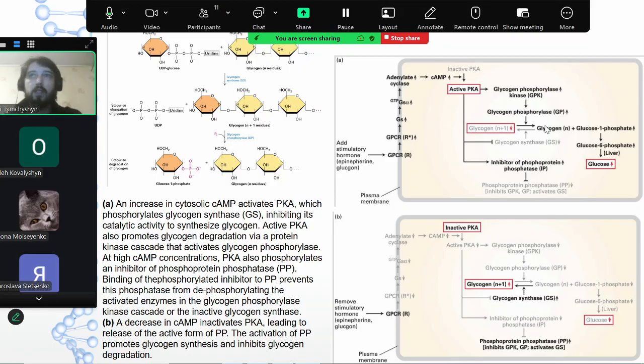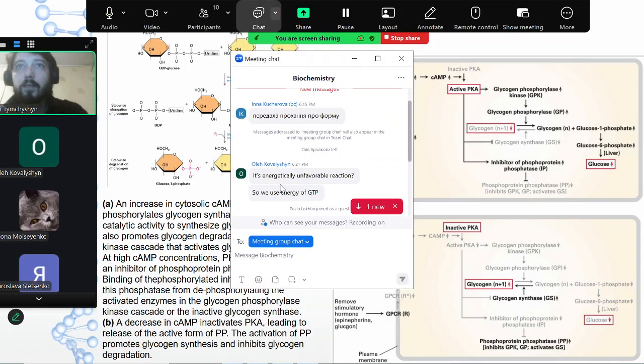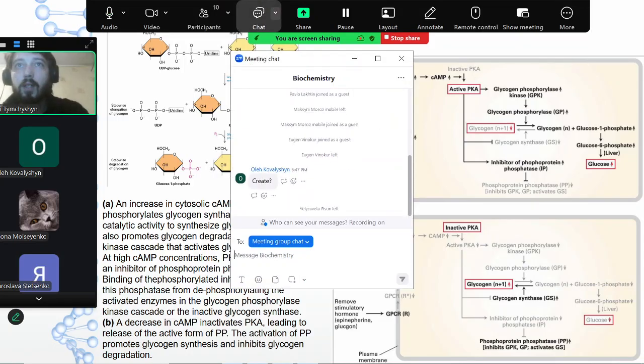Everything is in here. So what happens to the glycogen? I see an answer. No, we do not create it.